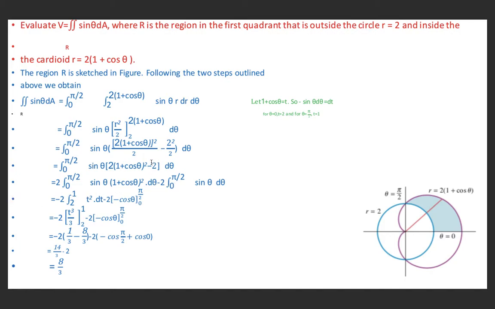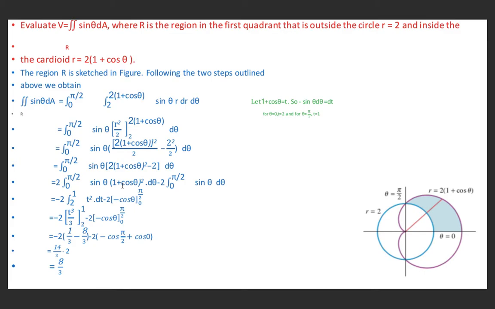Now the second integral, 2 is constant and sine theta d theta, limits are from 0 to pi by 2. For the sake of simplicity, I have written it into two parts so that we can separately evaluate these integrals. To evaluate this integral, sine theta into (1 plus cos theta) whole square, limits are from 0 to pi by 2.